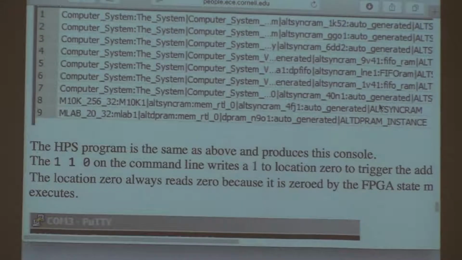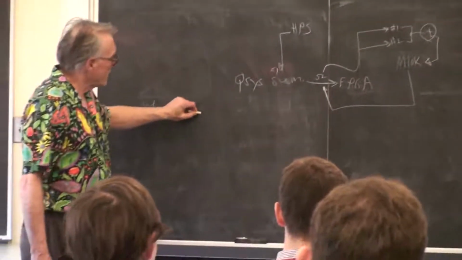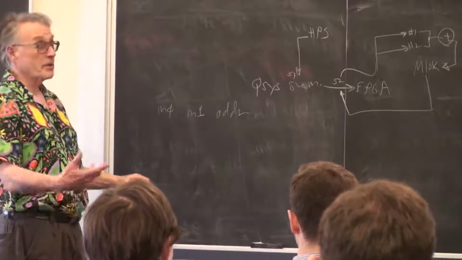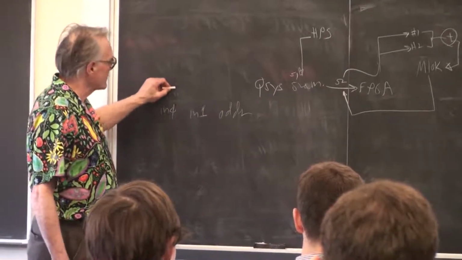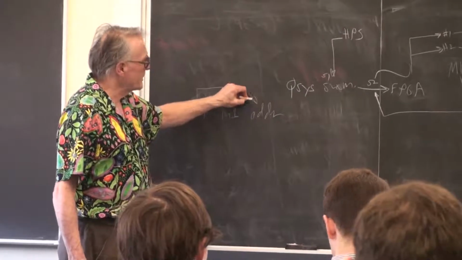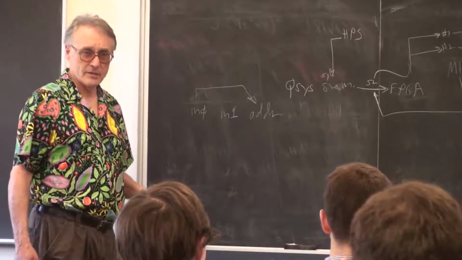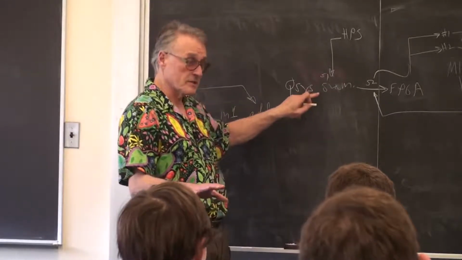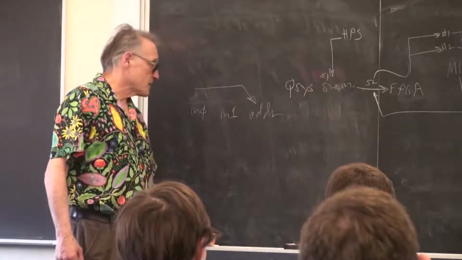Now, because the HPS is involved, there's a program running on the HPS that allows you to interactively input a float parameter 0, a float parameter 1, and an address. And what the code does is to take the first float parameter and write it into this address, RAM address, in this dual-ported Qsys SRAM.